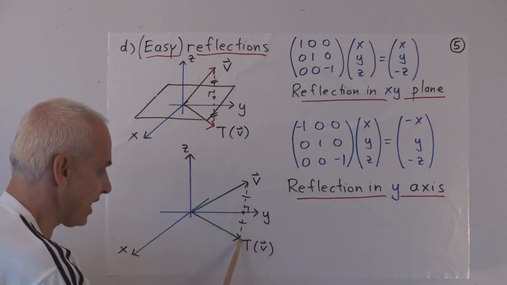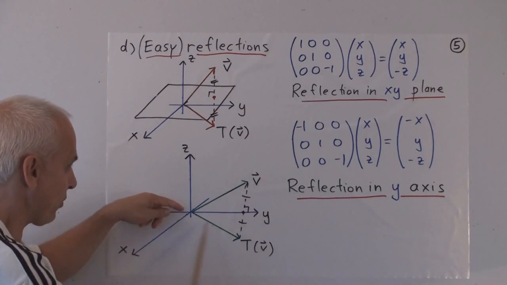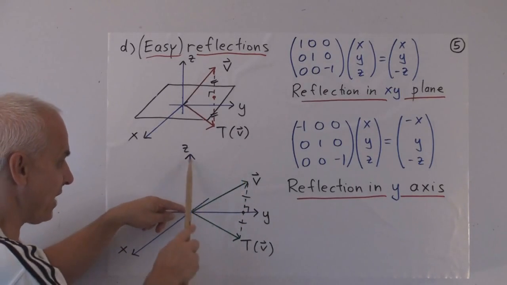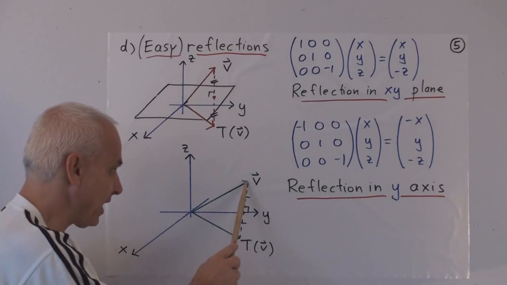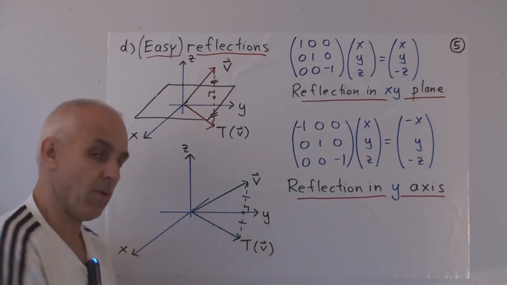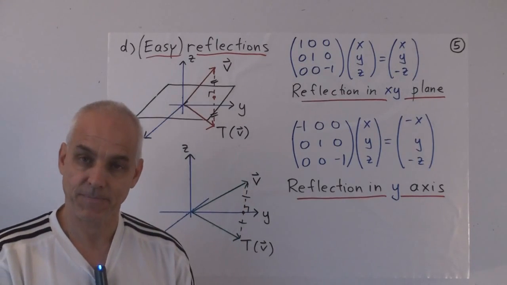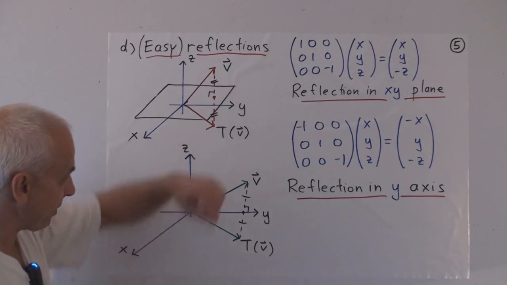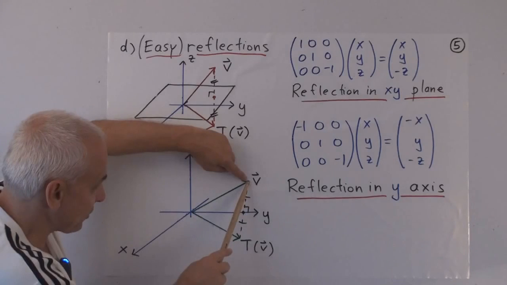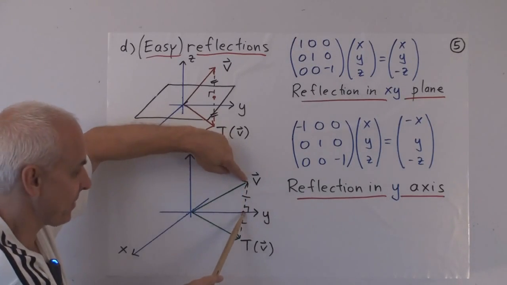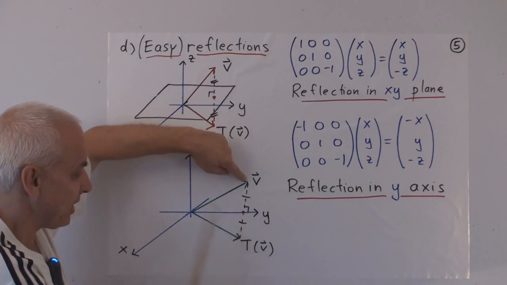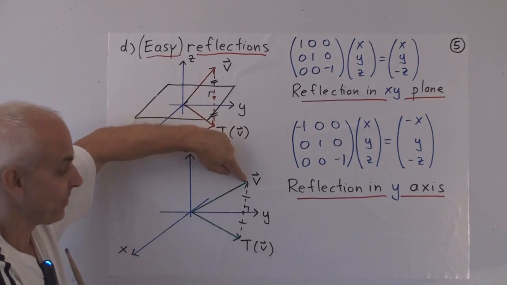So the y component stays the same, but the x component has changed to its negative, and the z component has also changed to its negative. We are reflecting this point in the line of the y-axis. Another way of saying what's happened is that we take the vector v, drop a perpendicular to the y-axis, and then go an equal amount in the opposite direction.